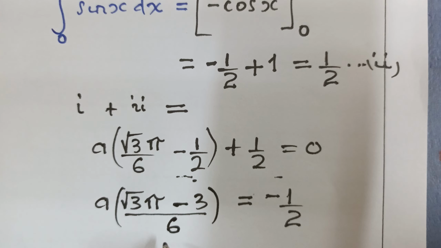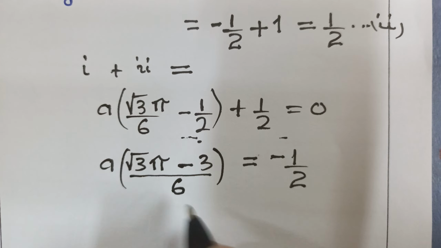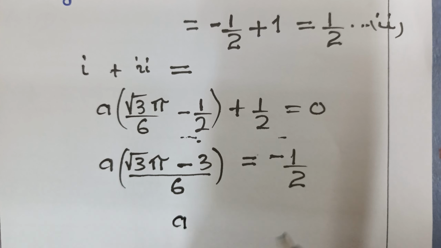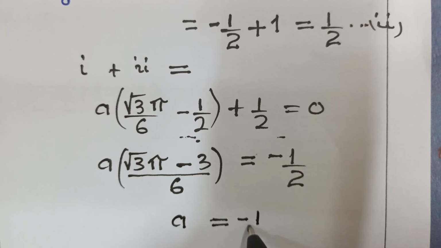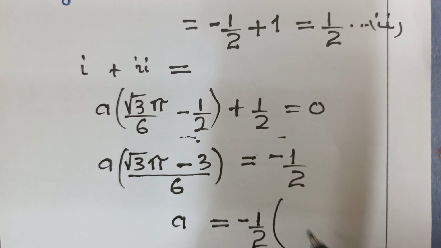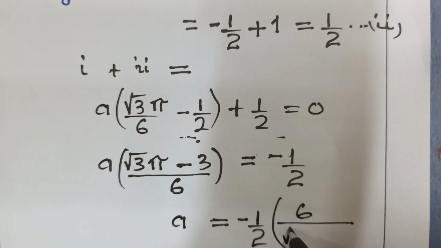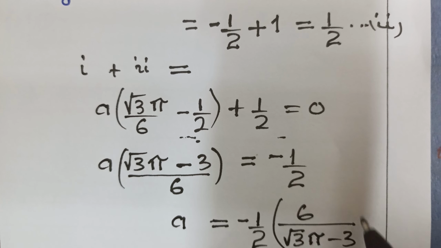And then, guys, we can come and now make a the subject of the formula. So a is left on that side, and all others go to this side, negative a half. And then we have 6 is supposed to be there. We have square root of 3 pi minus 3.